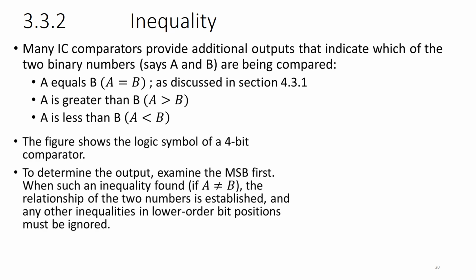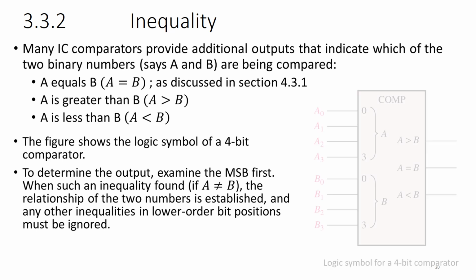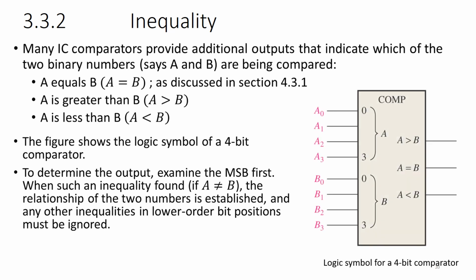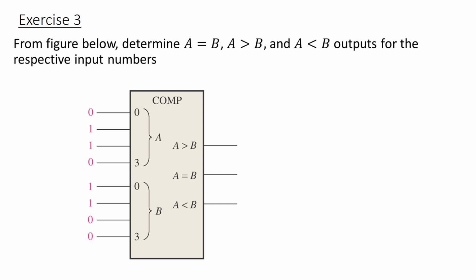So the figure shows the logic symbol of a 4-bit comparator. We have three outputs, A greater than B, A equals B, and A less than B, for the 4-bit numbers which are fed into the comparator. So if we have A equals 0110 and B equals 0011, the output A greater than B is high, because the value 0110, which is 6, is higher than 0011, which is 3.